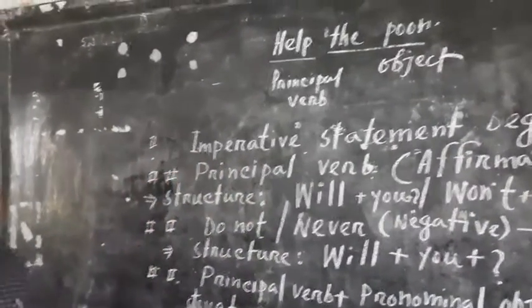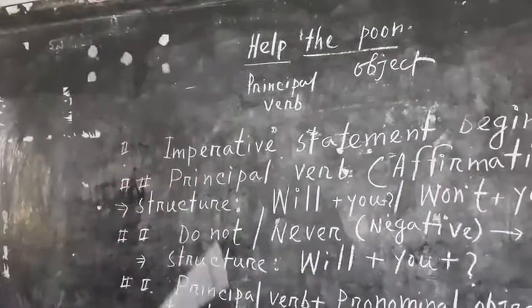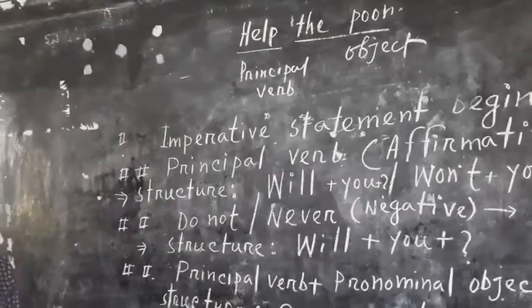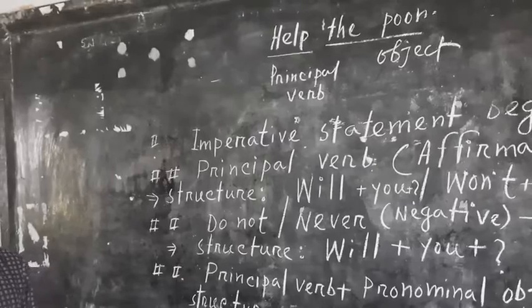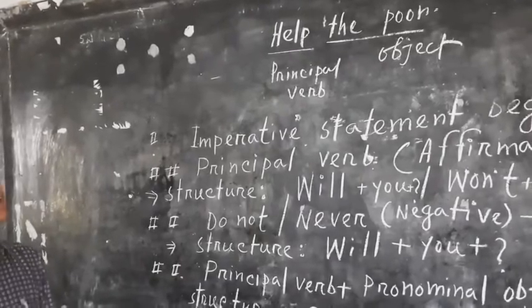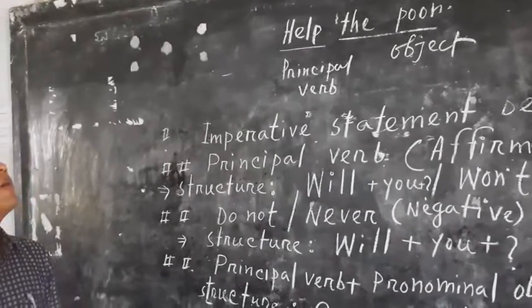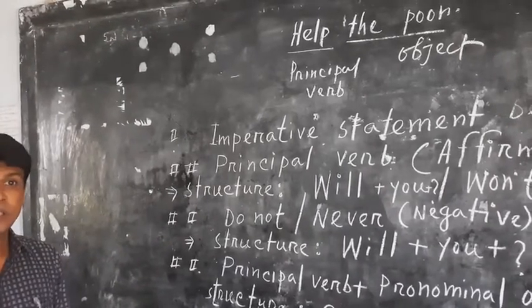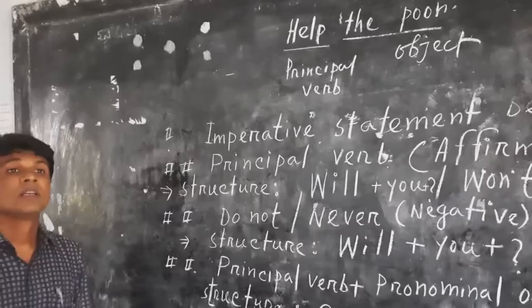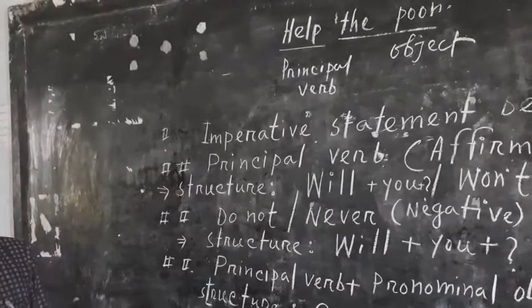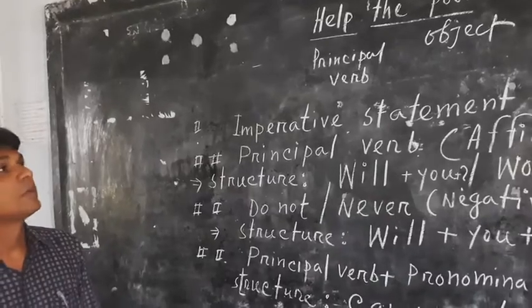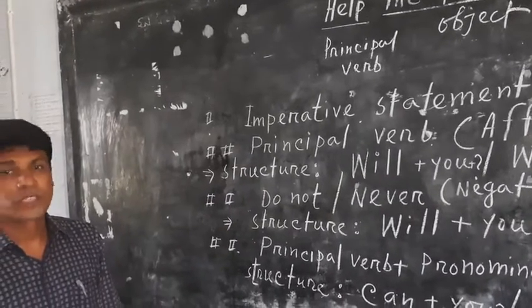You can see the imperative sentence begins with principal verb. But if you make a complete sentence, you need three essential elements such as subject, verb, and object.